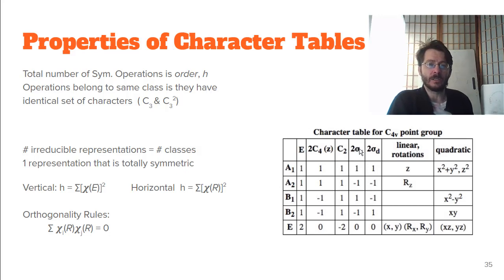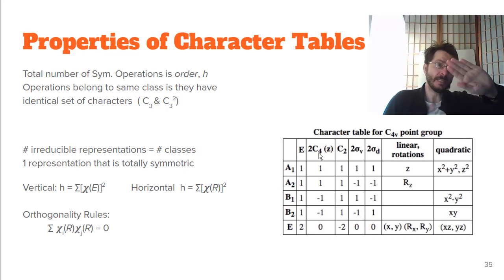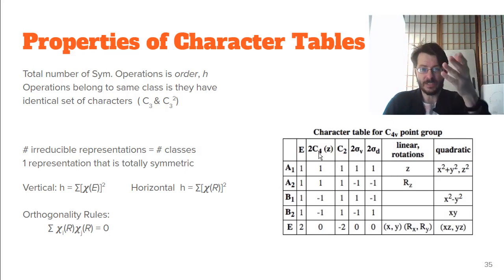Additionally, symmetry elements are grouped by class. All right, and so any symmetry elements that are effectively related, like a C4 superscript 3 and a C4 superscript 1, those two are related. Those are the same class, and so they're lumped together.